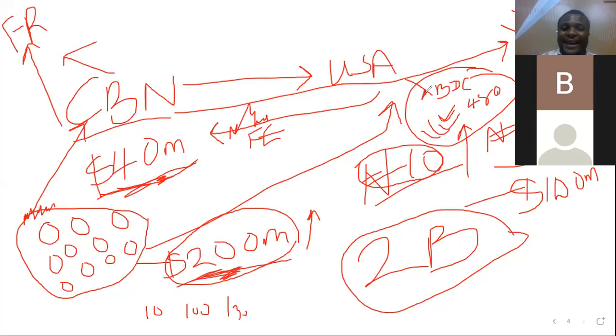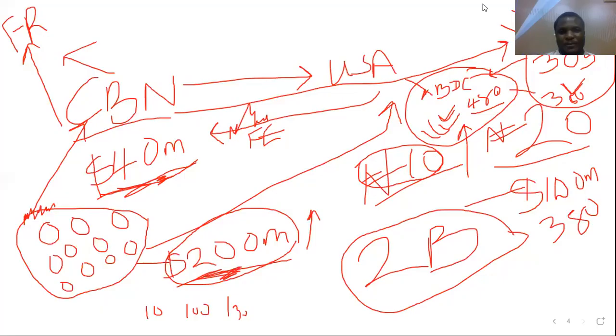Again, commercial banks receive dollars from CBN through leakages. So because of market imperfection, leakages and hoarding, look at those three things: market imperfection, leakages, and hoarding.